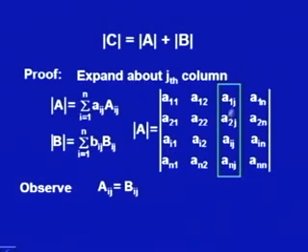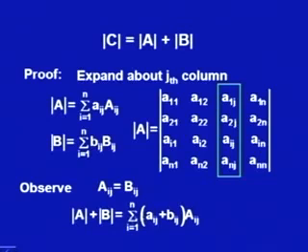But this is the only difference between A and B. So this cofactor Aij will be equal to Bij, and this means that determinant A plus determinant B is equal to the sum of Aij plus Bij, taken with the cofactor Aij as common.